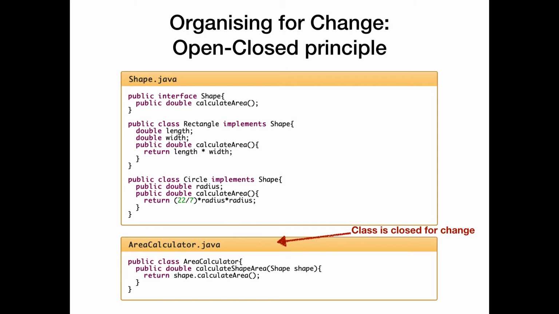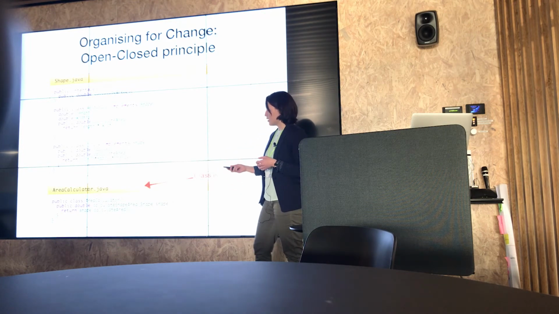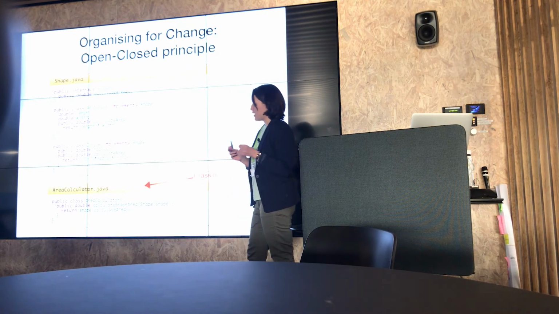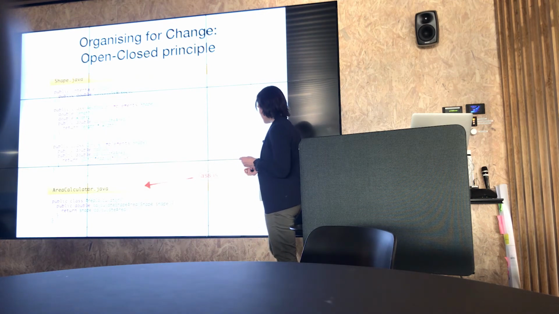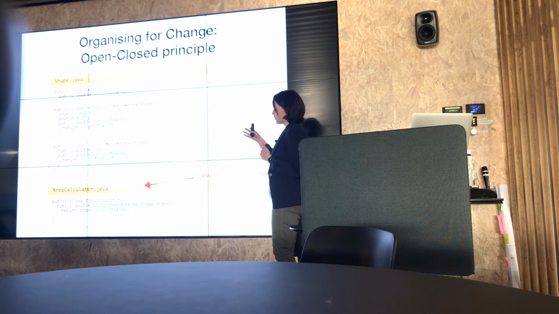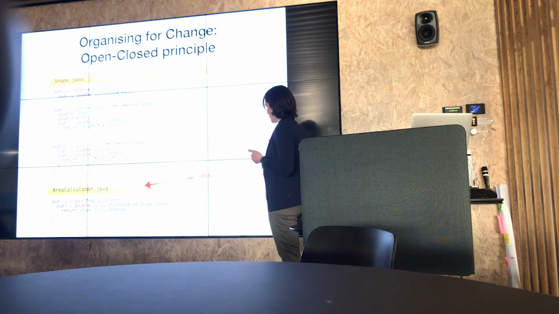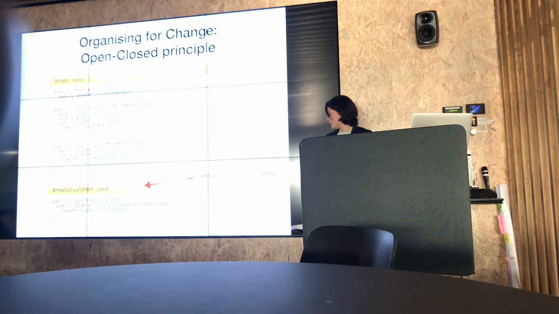Basically it makes our area calculator independent of the details of the implementation. And so whenever you want to add some additional feature, you don't have to change the area calculator, and it makes the class closed for change.